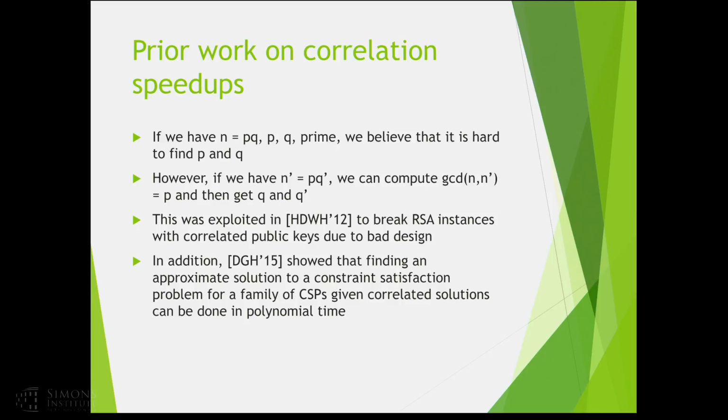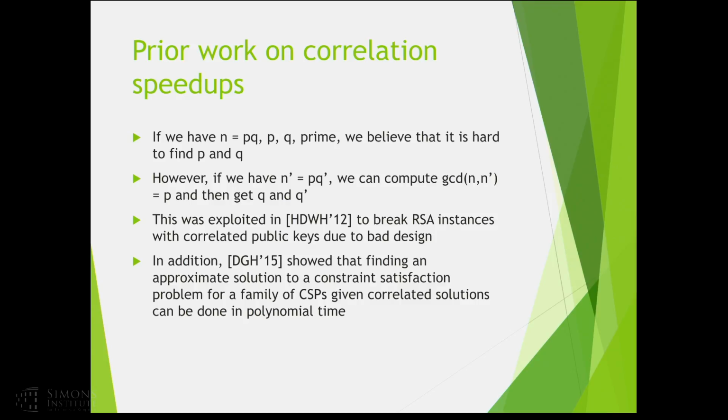So you have a number which you want to find its factorization. Ordinarily, we believe this is hard, that you shouldn't be able to do this efficiently. But if you're given another number which is correlated in a given way, specifically that it has one of the primes in common, you can find the factorization efficiently by computing the GCD of the two things.